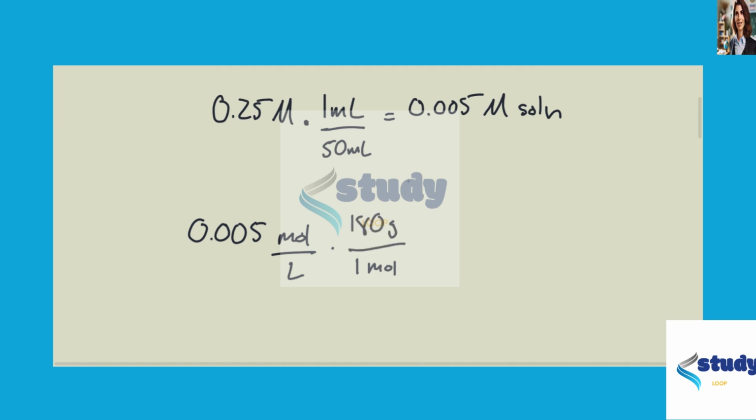They told us that in the problem statement. Okay, so now we just need 0.005 times 180, and I get 0.9. Moles cancel. 0.9 grams per liter in our 1 to 50 dilution.